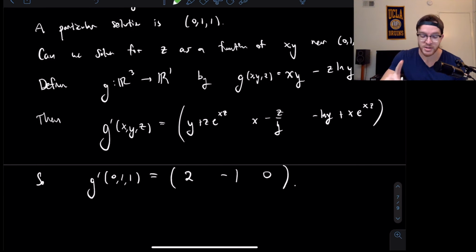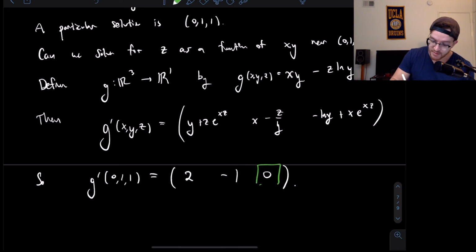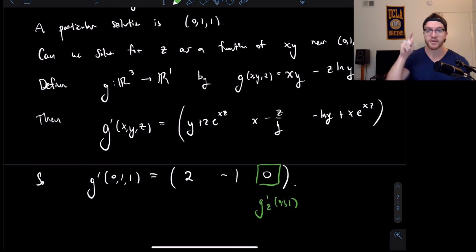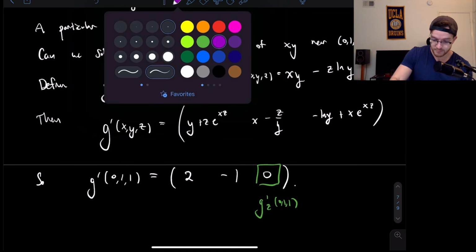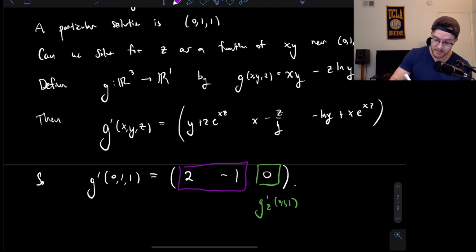Okay, what is our g prime sub y and g prime sub z? We're using different variable names, but again, we have one equation, and I'm asking, can I solve for one variable in terms of the others? So this is going to be g prime of z at my point of interest. That's the thing that we want to know whether it's invertible. And then this is the other part, so maybe I'll say g prime x, y.